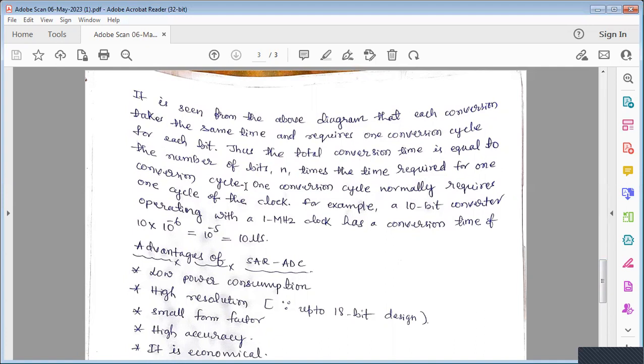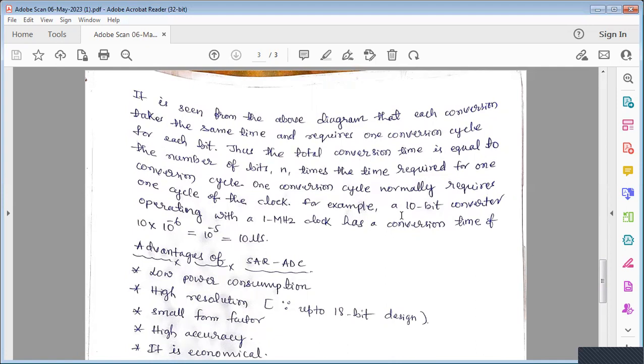So how is the total conversion time calculated? It is equal to the number of bits in the circuit multiplied by the time required for one conversion cycle. One conversion normally requires one cycle of the clock for its completion.